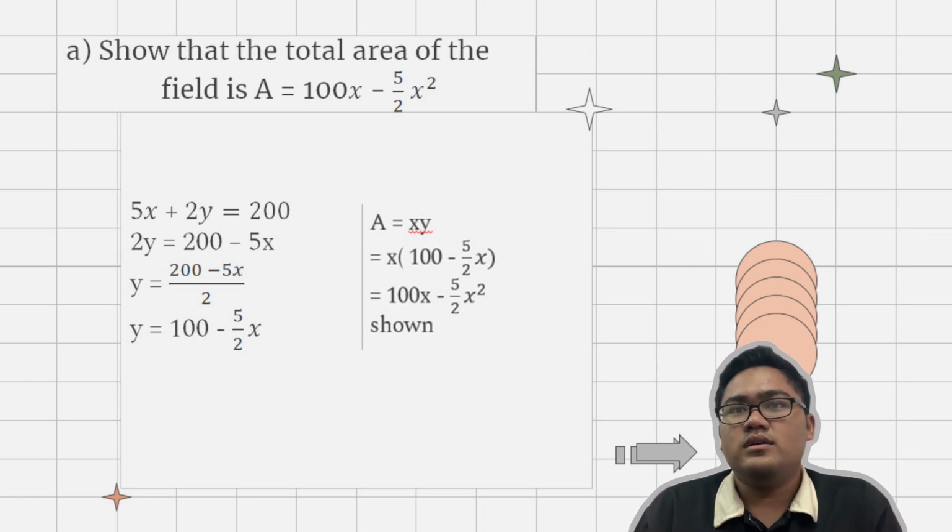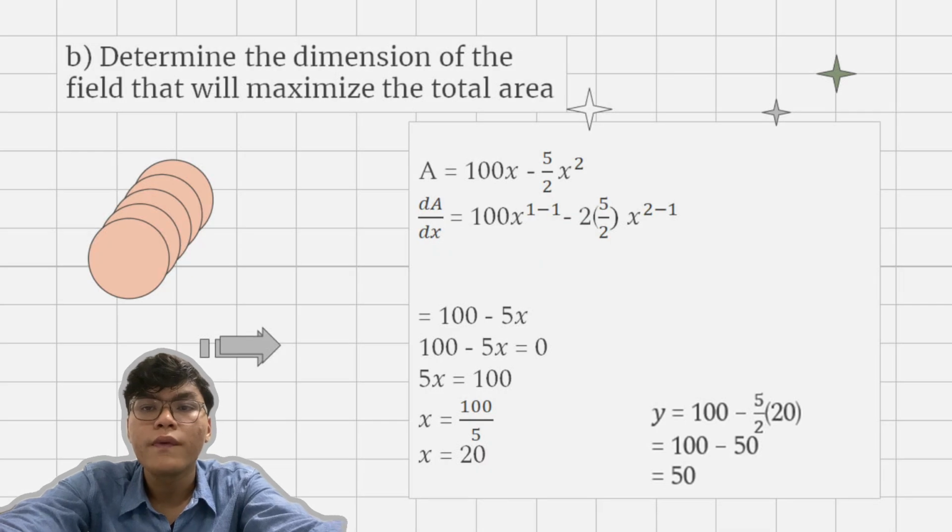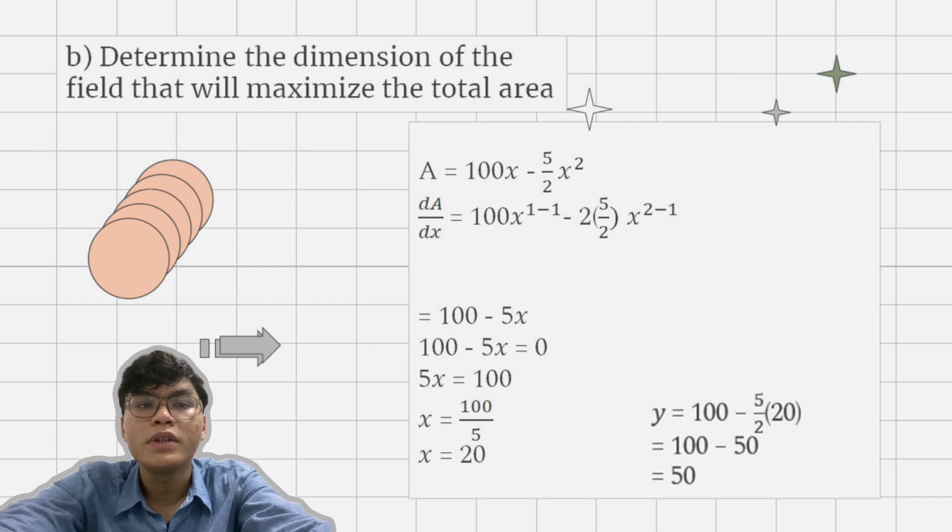So the area equals xy, and then we substitute y equals 100 minus 5 over 2 x into the equation, and we get 100x minus 5 over 2 x squared, and it is shown that the area equals 100x minus 5 over 2 x squared.